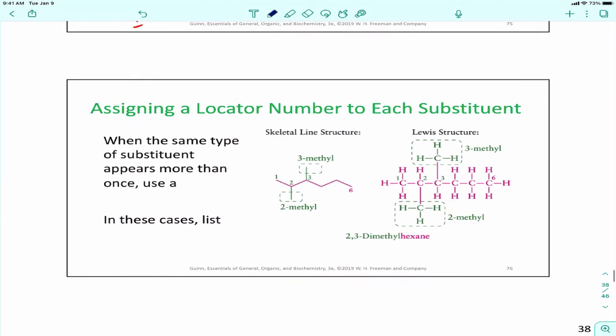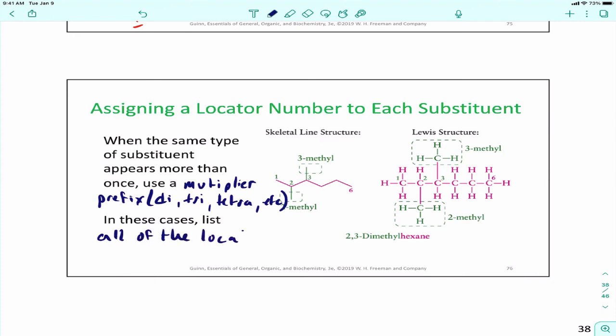When the same type of substituent appears more than once, we use a multiplier prefix like di, tri, tetra, etc. In these cases, list all of the locator numbers before the prefix.